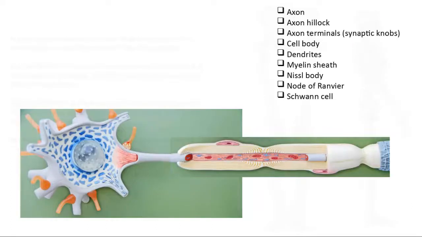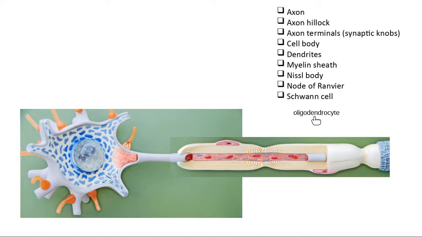Right up here. Okay. Elapina asked a good question. And the question was the difference between a Schwann cell and an oligodendrocyte. Let me type the name of those ones here. Oligodendrocyte.